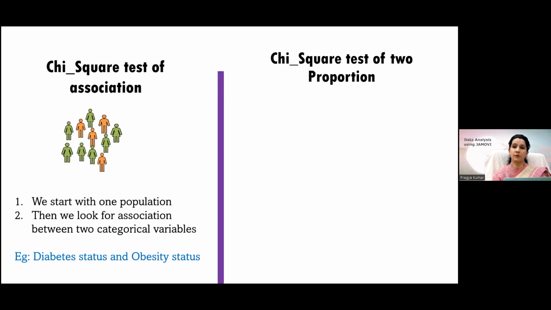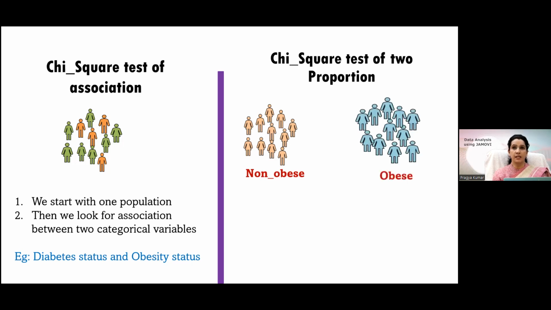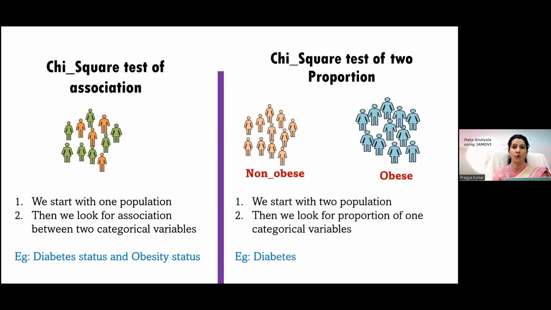But in chi-square test of two proportions, from the beginning you take two separate samples. So you take non-obese people and you take obese people separately, of equal number. And then you see in obese, how many of them are having diabetes and non-diabetes. And in non-obese also you see how many of them are diabetic versus non-diabetic.